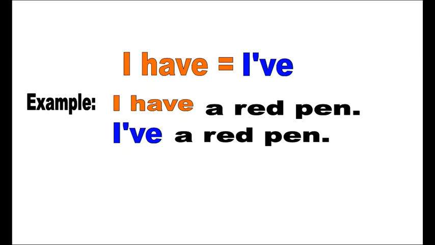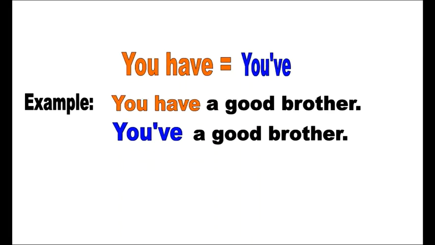Another one, you have. The contraction of this is similar to the one we did earlier. Write the pronoun you, apostrophe, then ve. So you took away the first two letters in have. For example, you have a good brother.